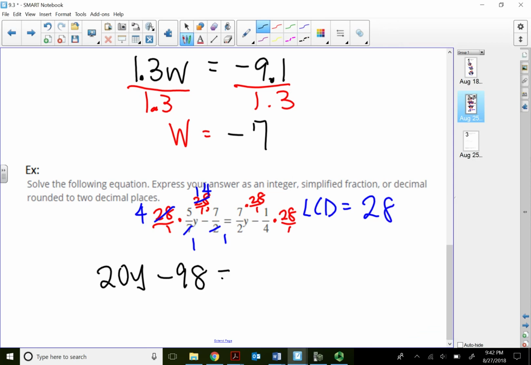All right, equal sign. 2 and 20 reduce into 1 and 14. 7 times 14, 98 again, y, right, minus top 28, bottom 4 reducing to 1 and 7. 1 times 7 would just be 7.